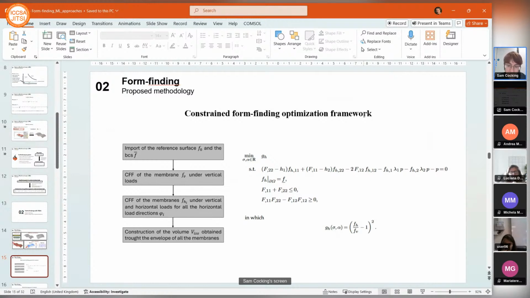So we know that's a solution under vertical loading. We set that as the reference surface, apply horizontal and vertical loads, and then check that the isometric volume V iso that we obtain, which is the overlapping envelope of all the thrust membranes we find, can be contained within the thickness of the designed vault. And if not, we slightly adjust the design.